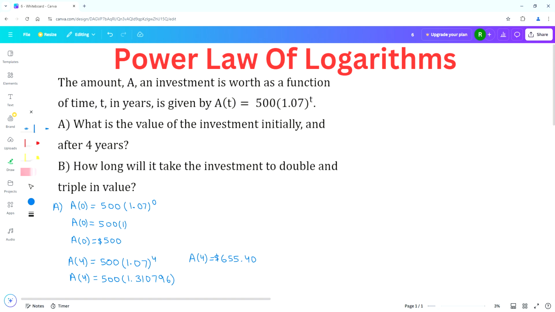This is the value of the investment after 4 years. So we are done with part A.